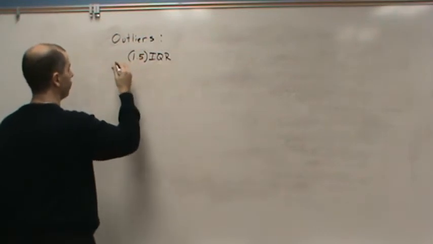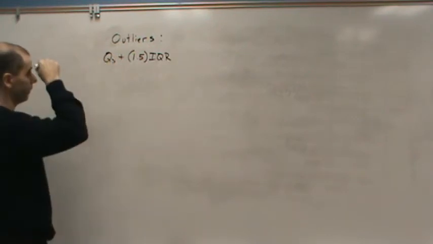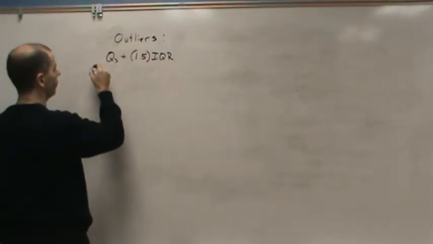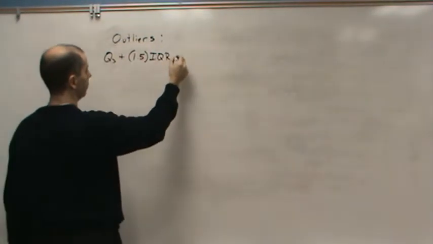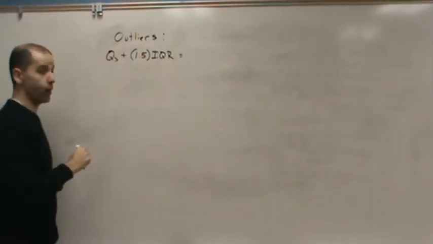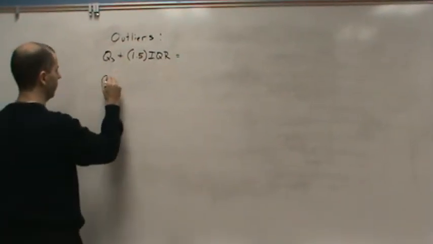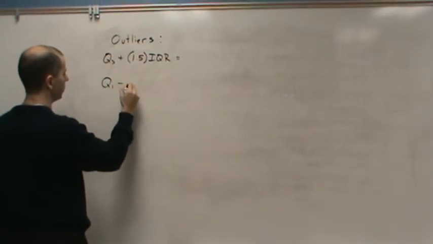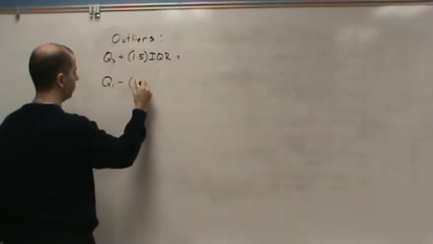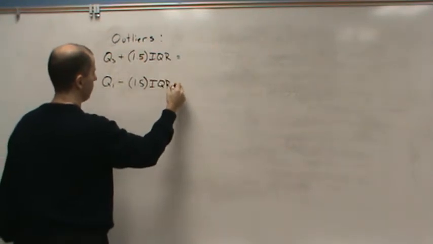Then we're going to add it to Q3, the upper quartile. And then we're going to take the same number and subtract it from Q1, the lower quartile. We're going to take Q1 and subtract off 1.5 times the interquartile range.